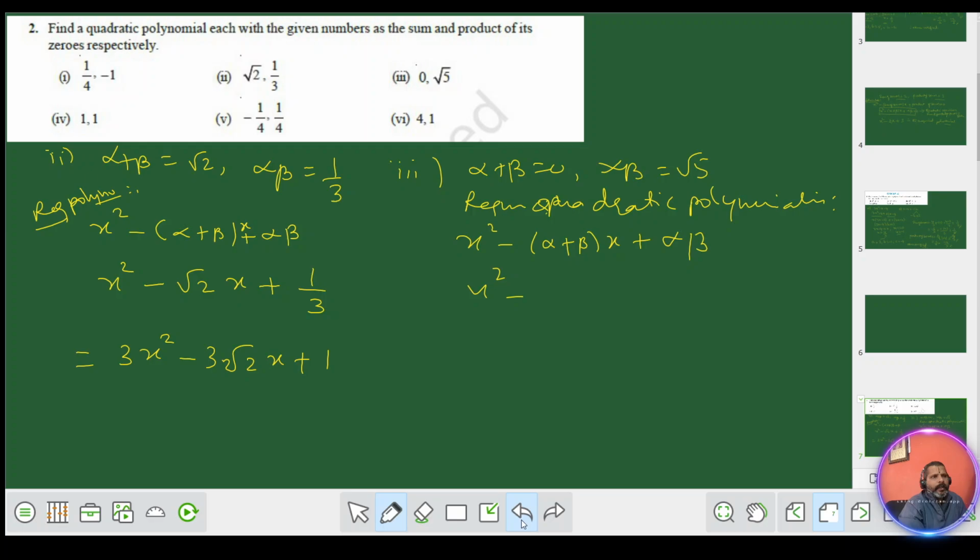I'll just write one more time. x square minus, alpha plus beta is 0 here, means there is no x term in the quadratic polynomial, plus root 5. That is x square plus root 5 is the polynomial here. x square plus root 5. We'll see the next question.